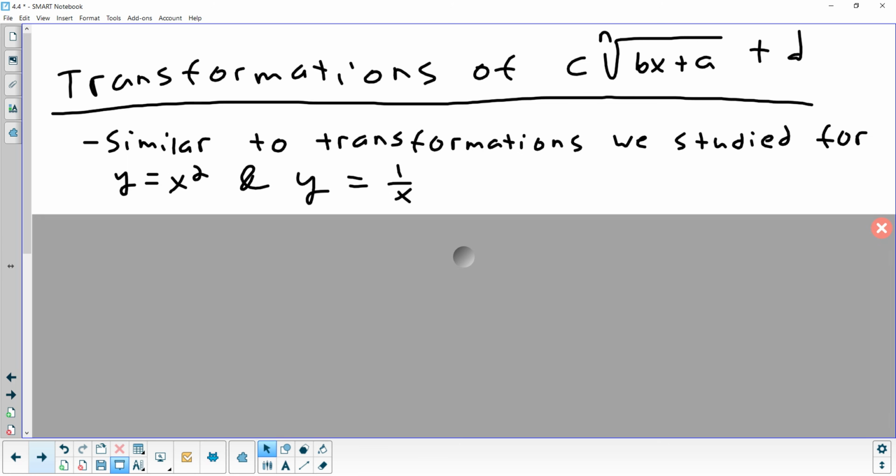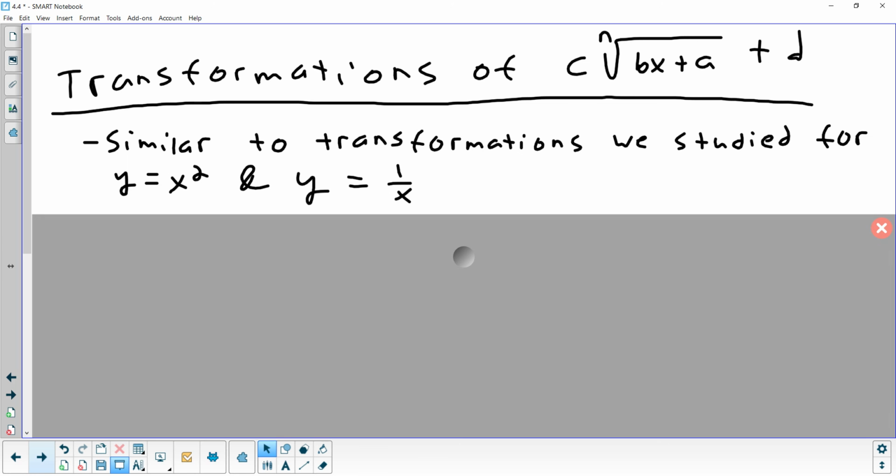How about B? John? Vertical stretch. No, all the horizontal stuff is always inside the function. Horizontal stretch, sorry. Yep. So B is a horizontal stretch. And remember, just like A, it's backwards. If you put a 2 for B, that's actually going to compress it by 2, which you could think of as a horizontal stretch of 1/2.